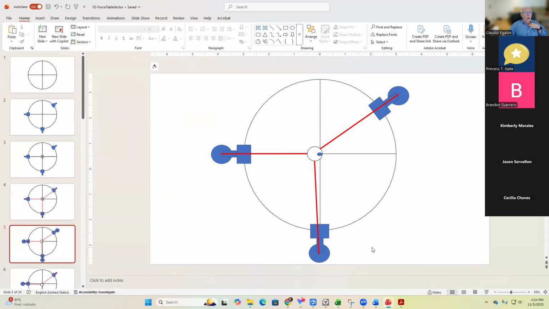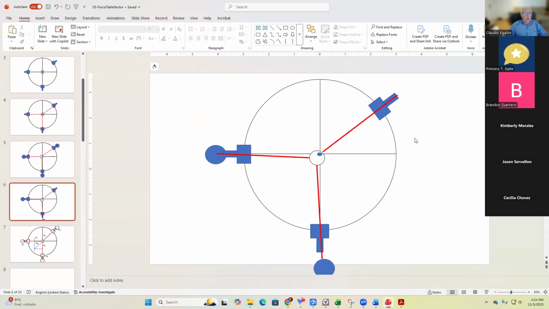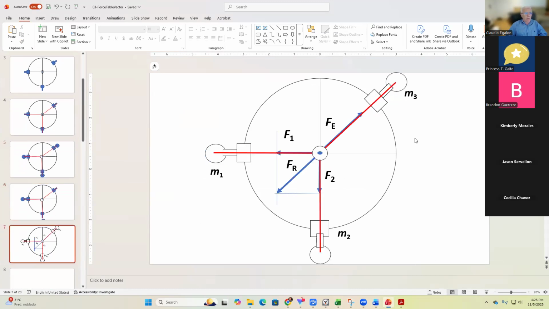Here you go. Mass 1, mass 2, mass 3 is going to be mass 3, and θ3 is going to be found. When the whole system is in equilibrium, we are going to have this situation here. The ring is going to be centered. That's going to be my angle θ3.